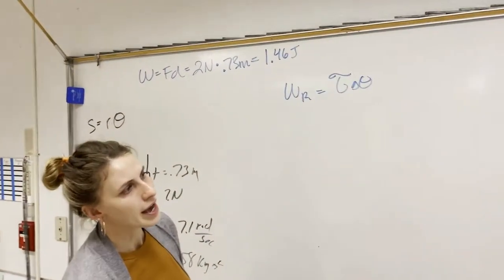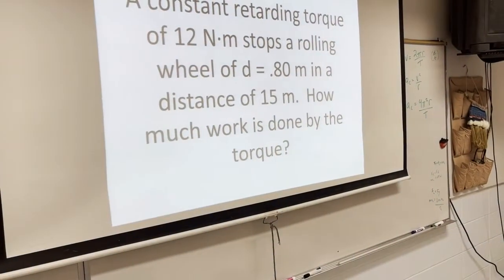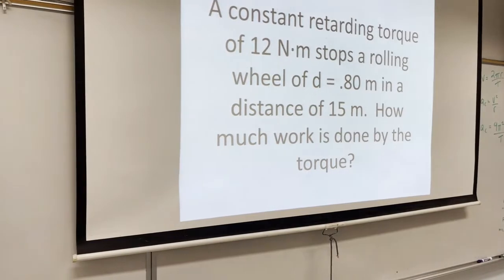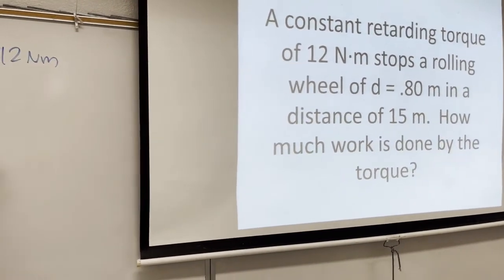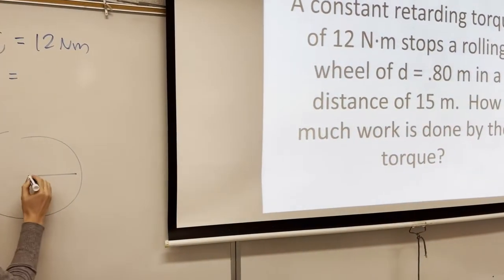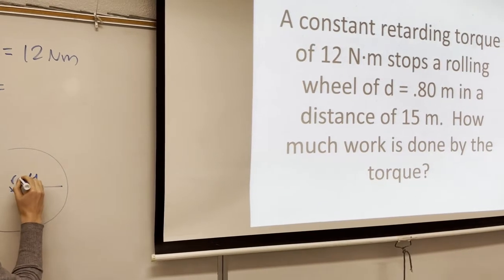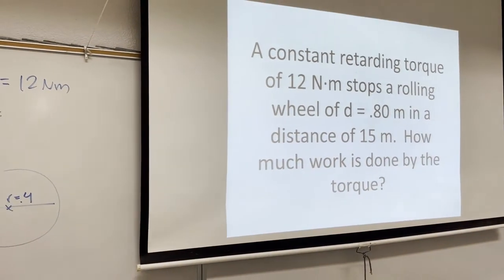They give us the torque, we need to find the angular displacement. The diameter of the wheel is 0.8. What would the radius be? Half of it, 0.4. And the stripe on the ground is 15 meters.